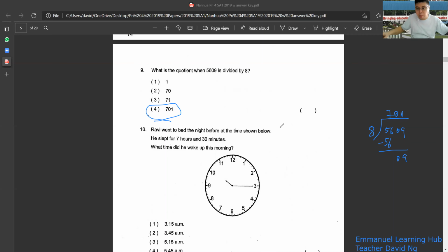Oh, you know why it's number 4, right? Because the 0 divided by 8 is 0. Then I bring down the 9. 9 divided by 8 is 1. 701. Okay, let's move on.